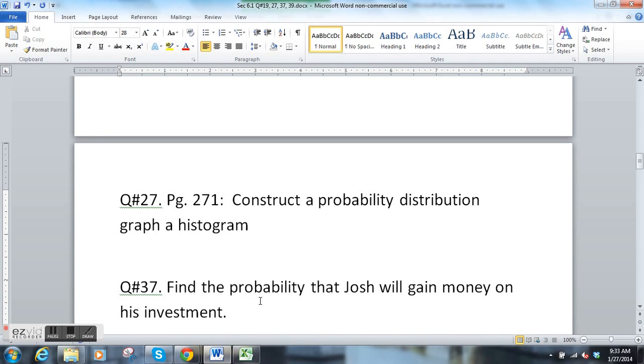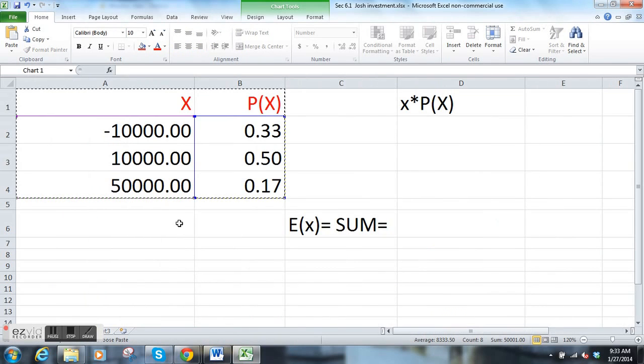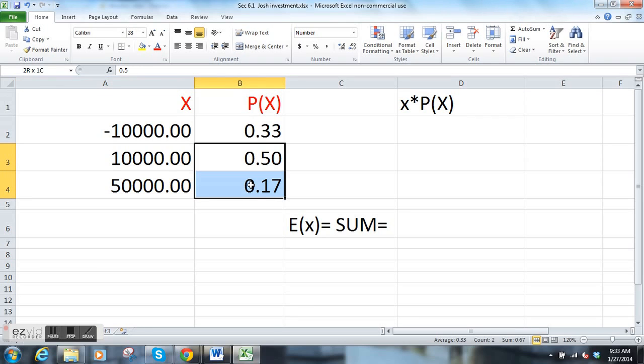Question 37, find the probability that Josh will gain money on his investment. Going back to our chart, he's gaining money in these two situations. He gains money if he makes $10,000, and he gains money if he makes $50,000. So we add up these two probabilities.